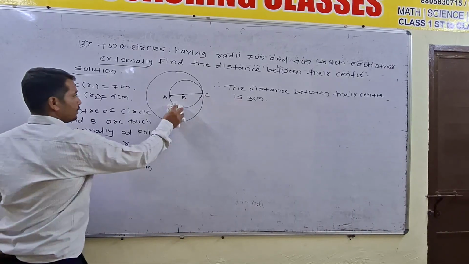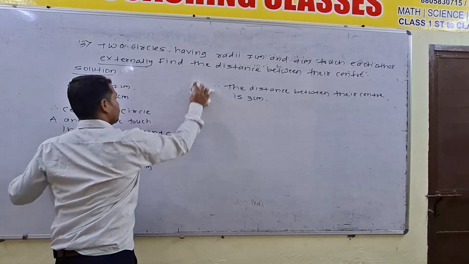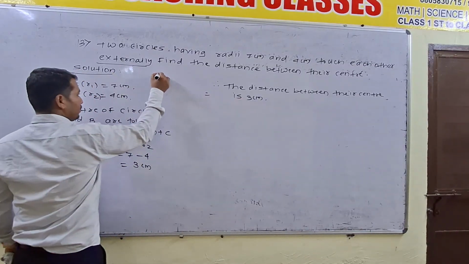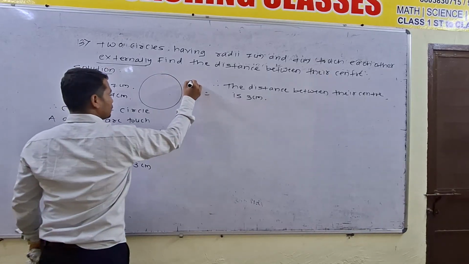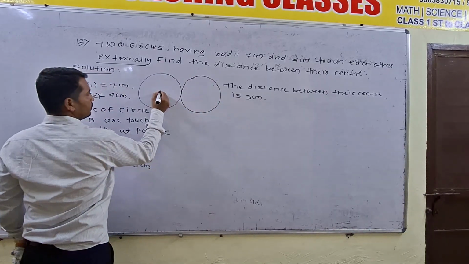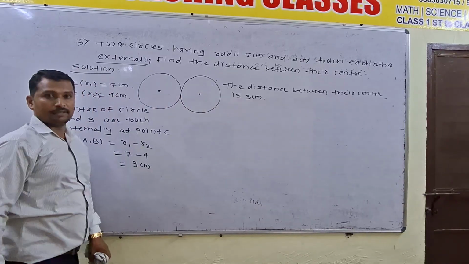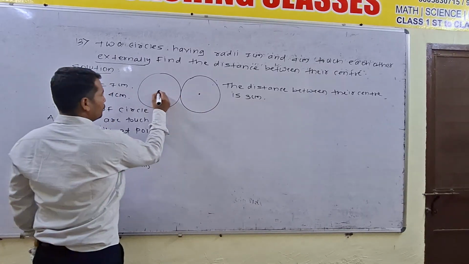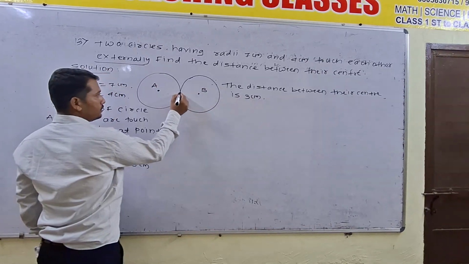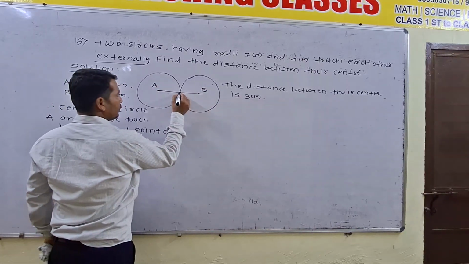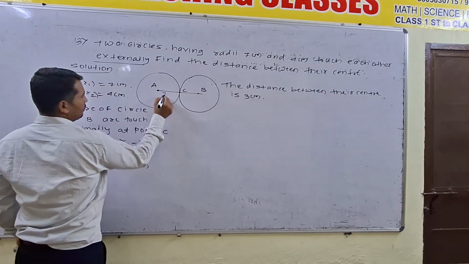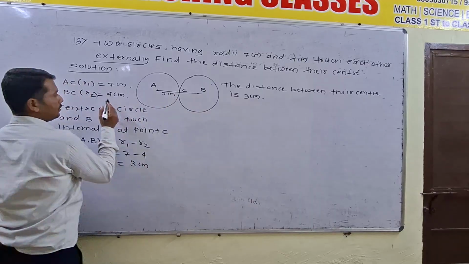Now write down. Next question. First we have changed the diagrams here again. So what is there again? The circles are touching. There is a first circle, there is a second circle. So both circles are touching. There is the center of the first circle, the center of the second circle. Right? So we write A, B as the centers of the circles. They touch at point C. So at point C, we know that AC is the 7 cm radius of the first circle.